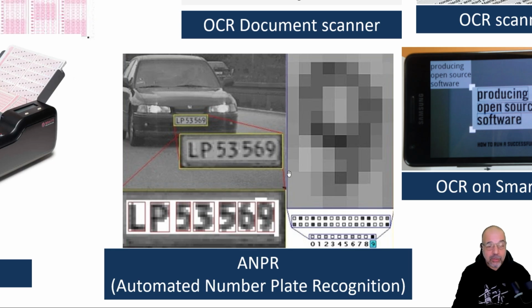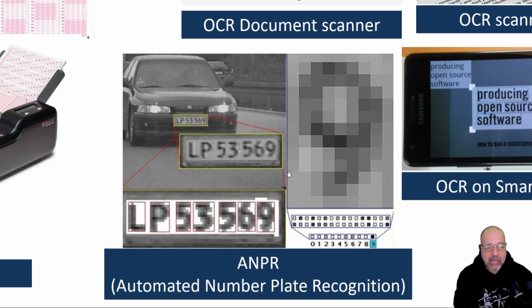If we think of security, let's say the police are looking for stolen vehicles, then cameras around the city can be scanning all the different license plates of all the vehicles. When that vehicle is identified, it will be flagged in the police database, and they will know exactly where that vehicle was. Okay, so these are great for recognizing and identifying vehicles.